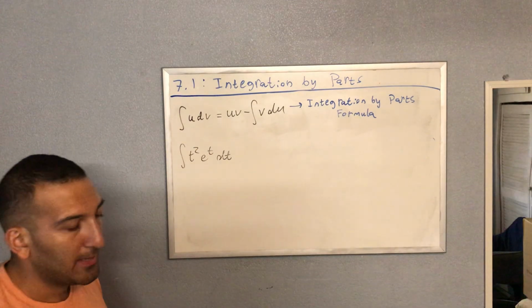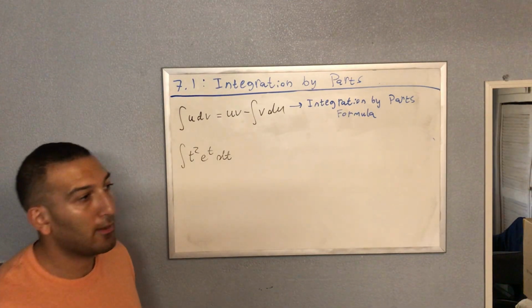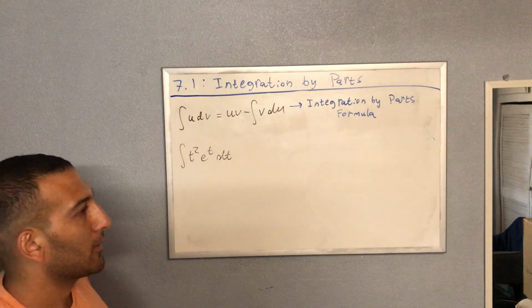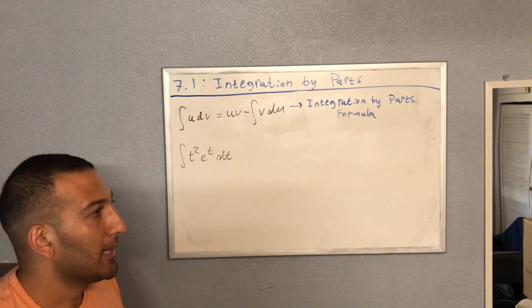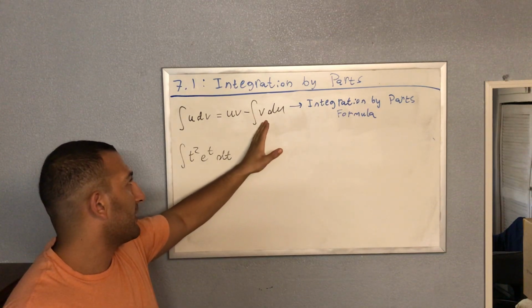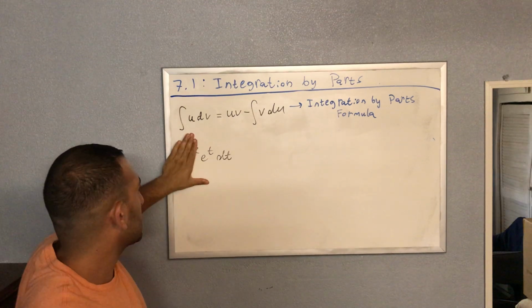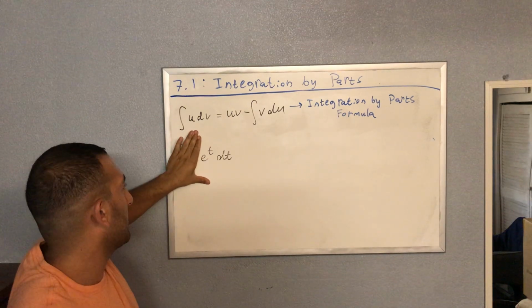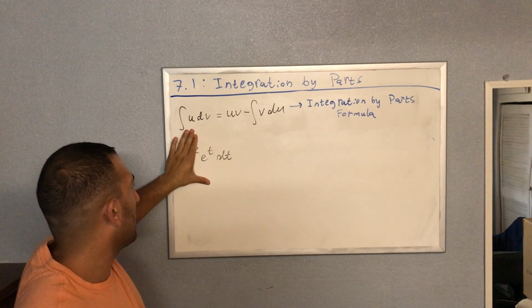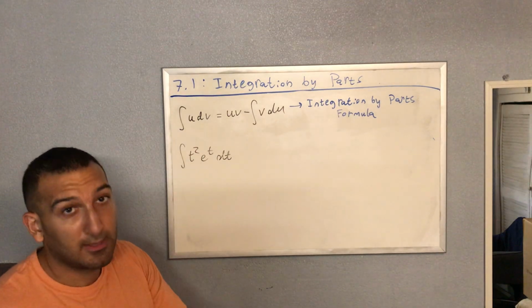And then, in this case, you may be thinking, okay, now, again, what choice do I make? What is u and what is dv? But if you remember, we end up taking the integral of v du. And this t squared, if the t squared weren't there, we know how to take this integral. So we want to somehow effectively kill off this t squared or make it into a constant.